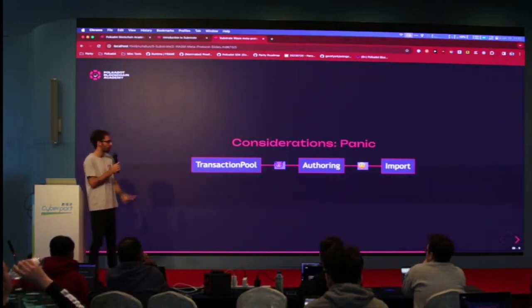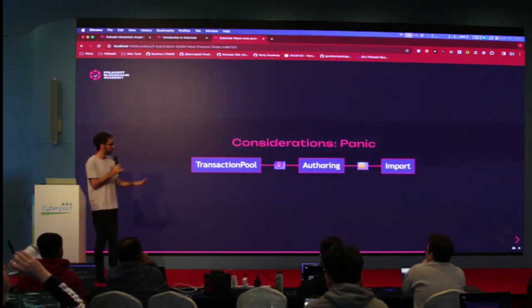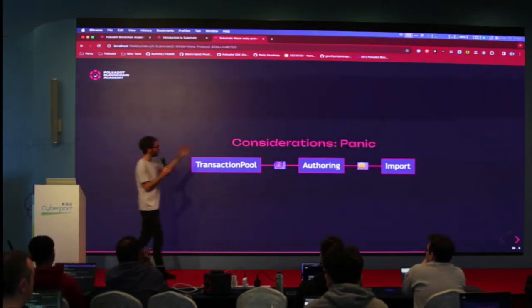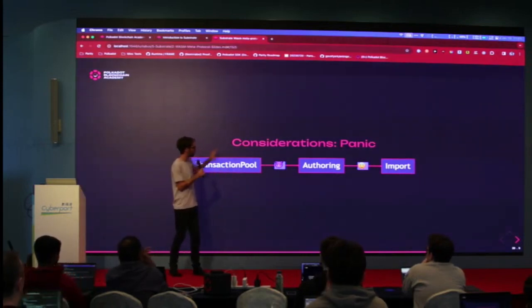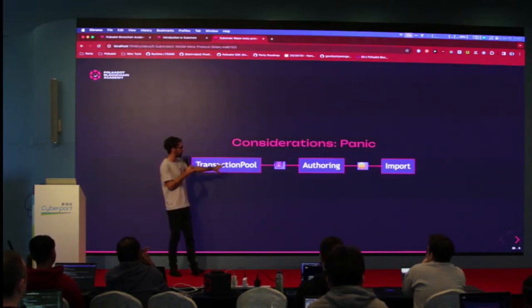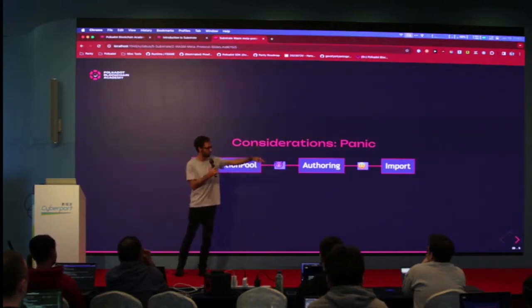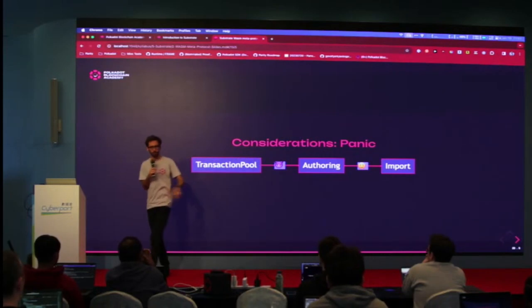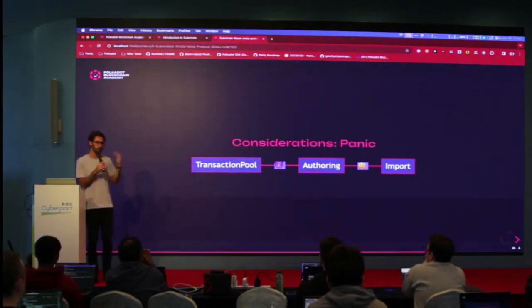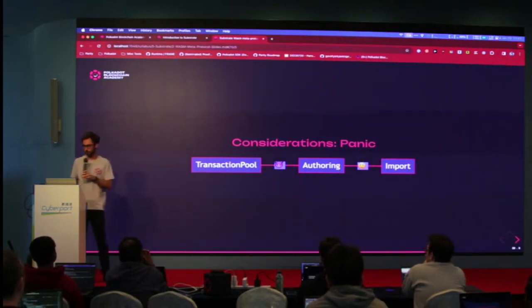They could be garbage. As far as I know, they could trigger all sorts of bad things. But when you author a block, you're supposed to go through this Wild West of transactions, find the good ones, and put them in a block. And then when you're importing a block, your tolerance is much lower, as you expect the block author to have already filtered out all the bad transactions for you.